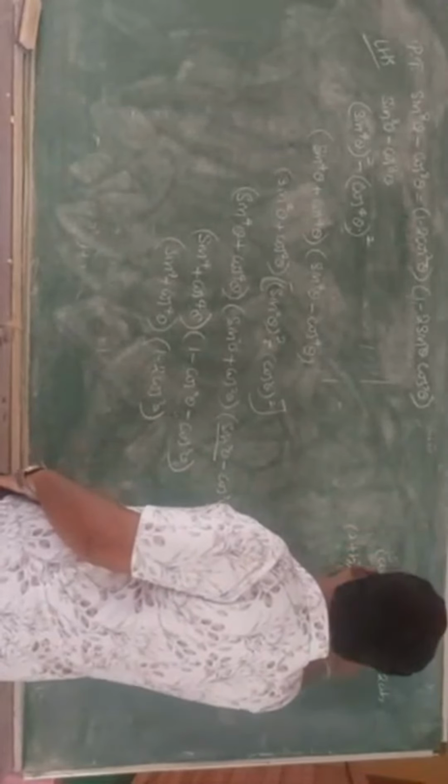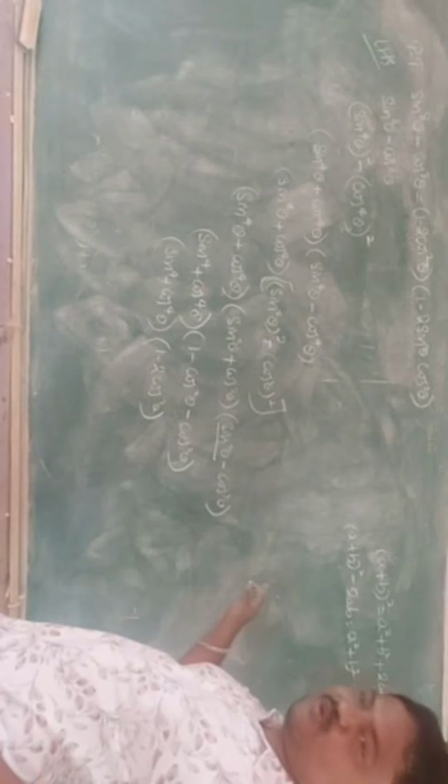I want only a square plus b square, so I am transferring this 2ab to the left hand side. A plus b whole square minus 2ab is equal to a square plus b square. Can I write a square plus b square as a plus b whole square minus 2ab?